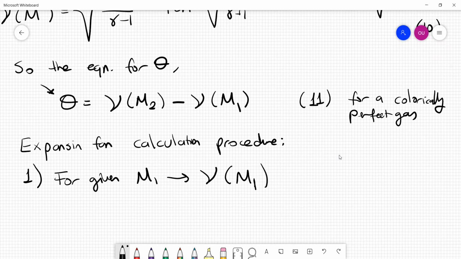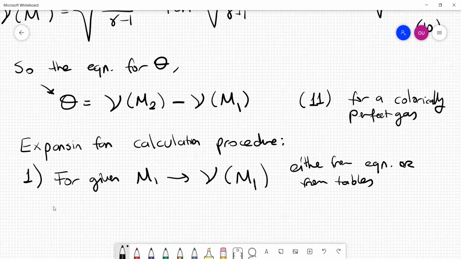You can just look at the appendix in your book. If I'm not mistaken, it must be appendix C, I guess. So you can find this value, new M1, either from the equation or from listed tables.